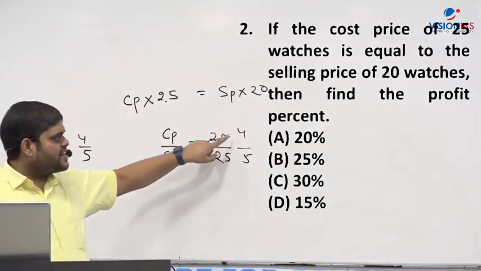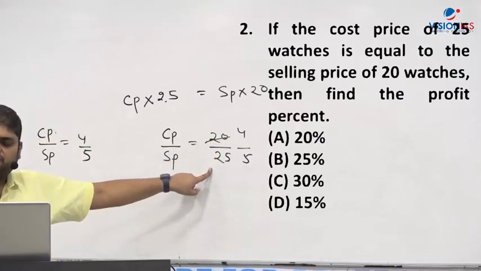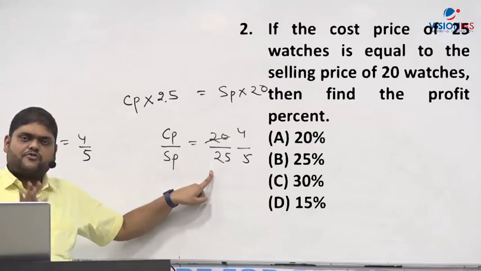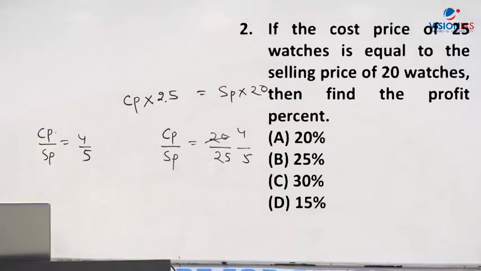If CP is 100, SP is 125, because the ratio of 4:5 should be there. So the best way is, you can assume CP as 4 and SP as 5. I am saying assume, I cannot say that CP is equal to 4 itself. Let's assume that CP is 4, SP is 5.